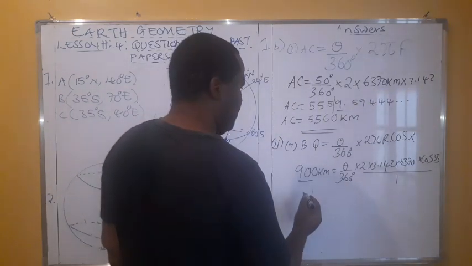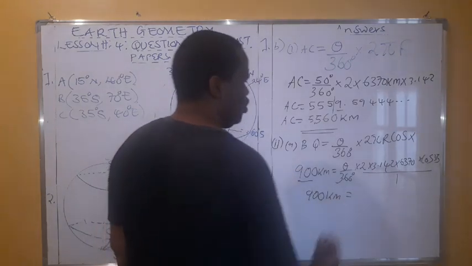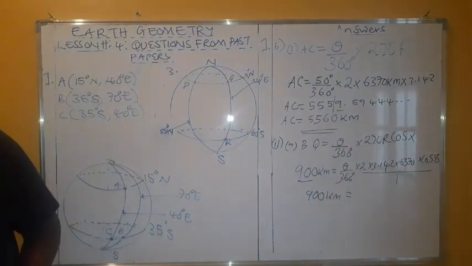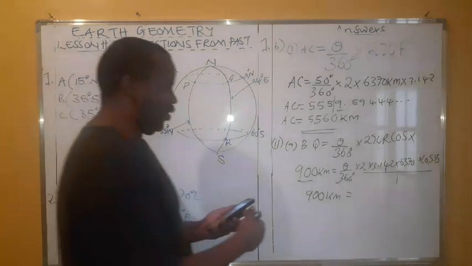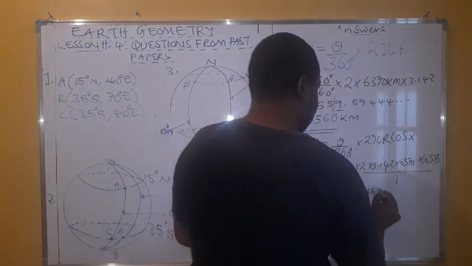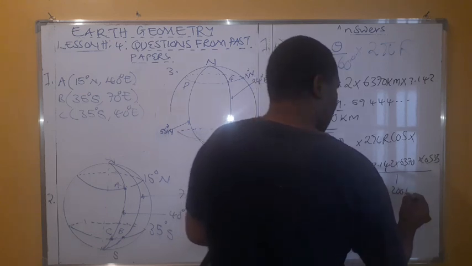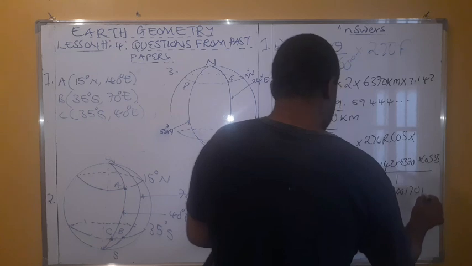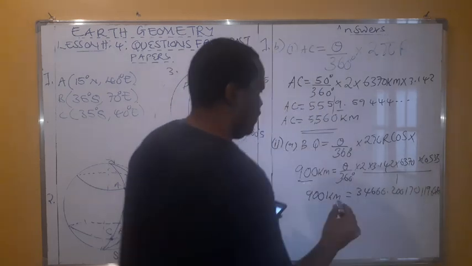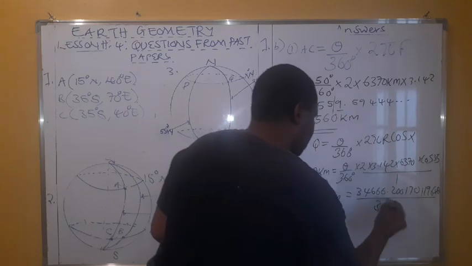So you have 900 kilometers is equal to, multiplying everything from 2 up to cos 35, this is what we get: 34,666.2001701196, times theta. We'll put theta at the end, everything divided by 360 degrees over 1.